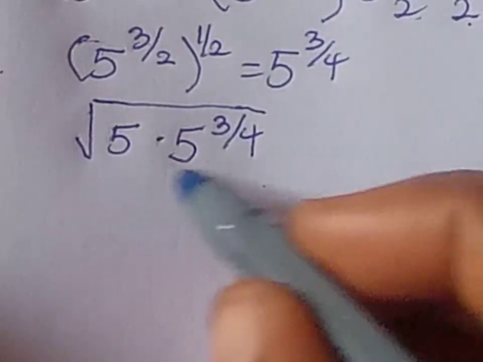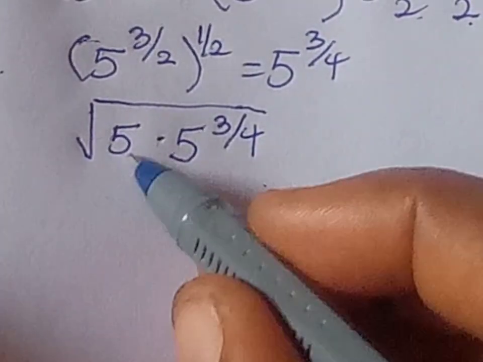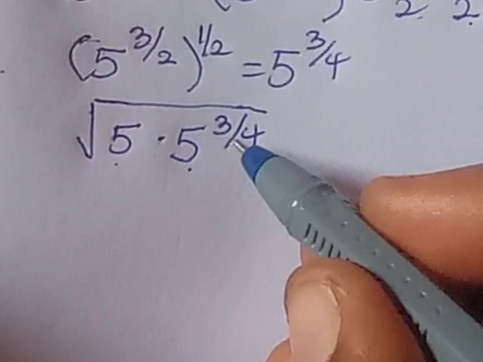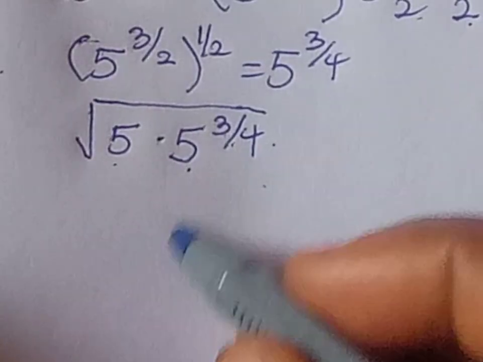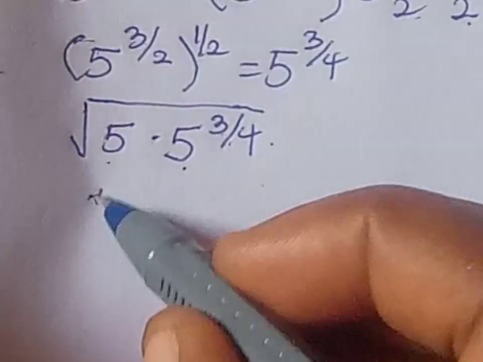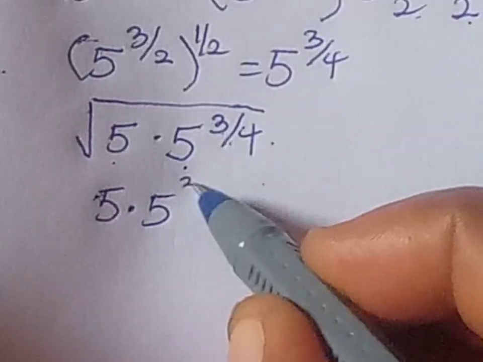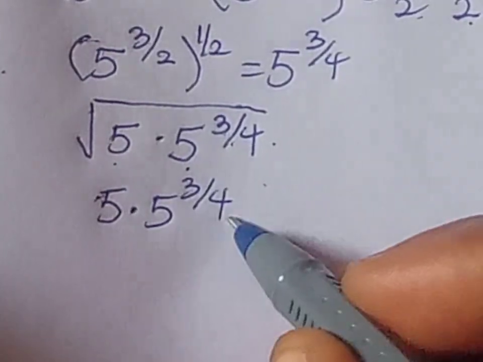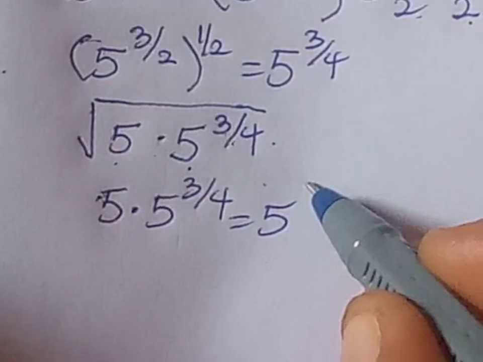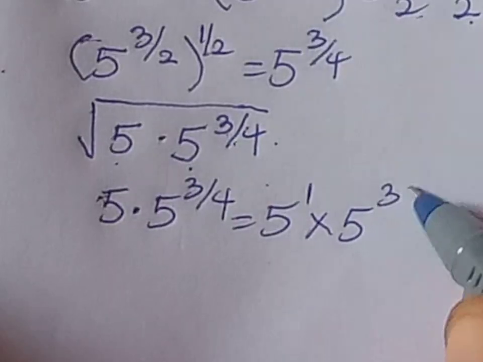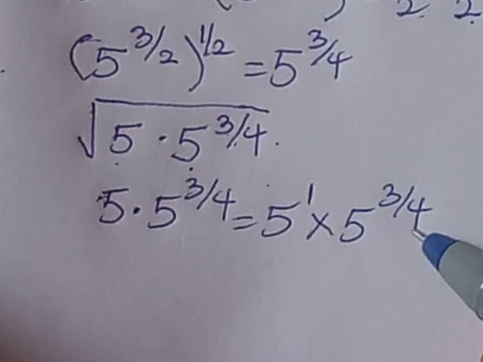Now let's simplify the inner number, that is, we want to simplify 5 times 5 raised to the power of 3 over 4. So we have 5 times 5 raised to the power of 3 over 4. That is 5 raised to the power of 1 multiplied by 5 raised to the power of 3 over 4.